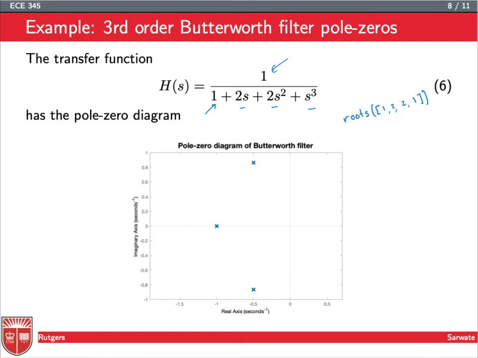Or you can just draw the pole zero diagram, and you'll see there's a pole at -1, and you can see that just by plugging in. When you have -1, this 2 will cancel with this 2, and this 1 will cancel with this 1. And then you have poles at -1/2 plus minus something, which you can extract after you factor out an s plus 1 in the denominator.